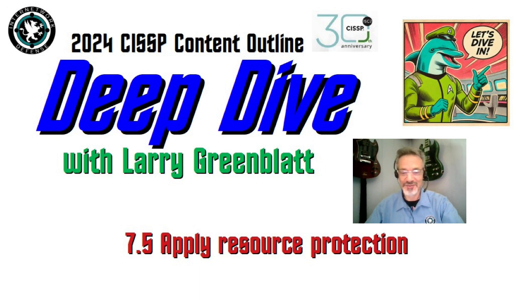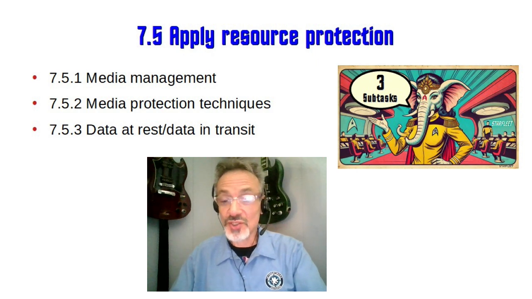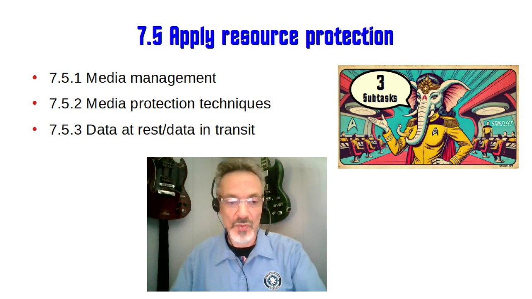So let's have fun. Alright, this task has three subtasks: media management, media protection techniques, data at rest, data in transit. Each of these subtasks focuses on different aspects of protecting both physical and digital resources, whether it's managing sensitive media, implementing protection techniques, or safeguarding data as it's stored or transmitted.